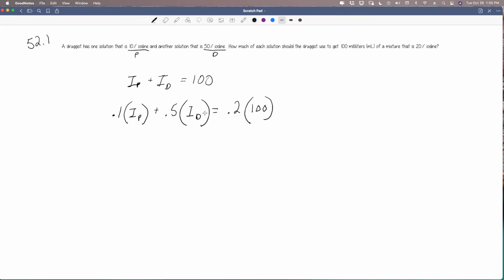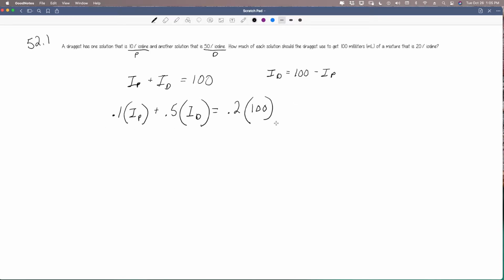Okay, now we need to find something that we can sub in, and we are going to sub in for the poured in amount. So let's say the iodine that was dumped in is equal to 100 minus the iodine that was poured in. Okay?